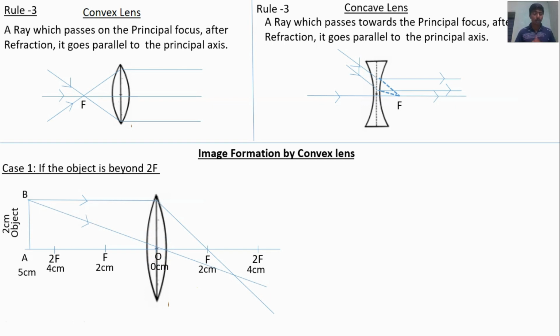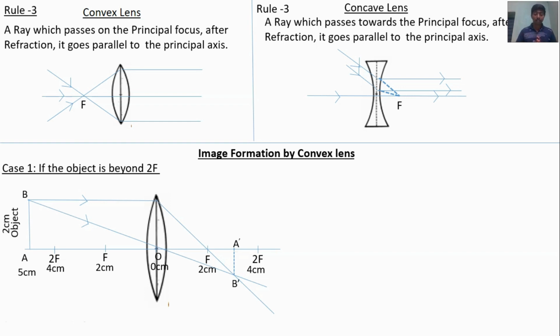The two rays, rule 1 and rule 2, meet at this point. This is the image appearance, A dash and B dash. The image appears between F and 2F.